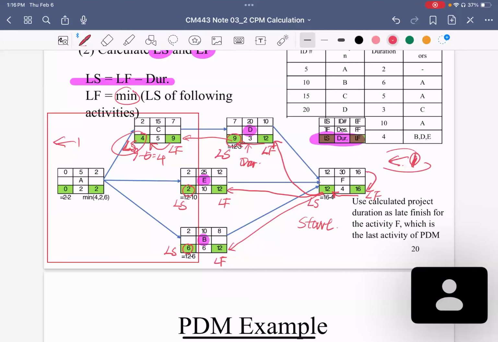But when we look at A here, it's different. A has three following activities: C is one, E is another one, and B is the next one.